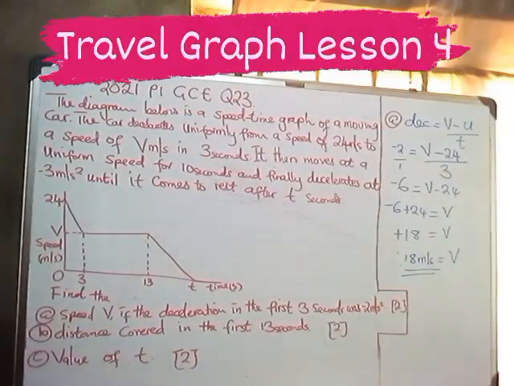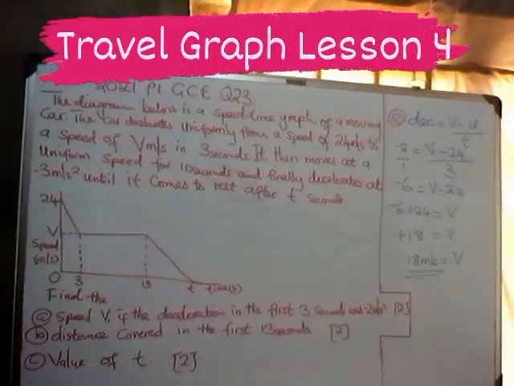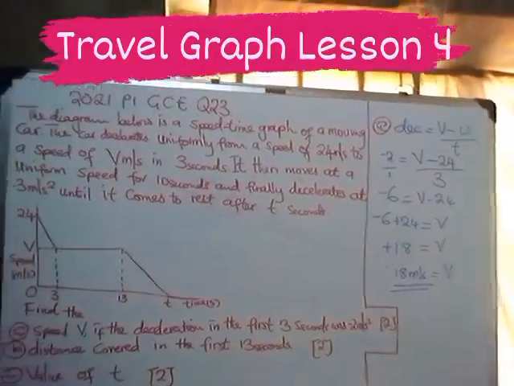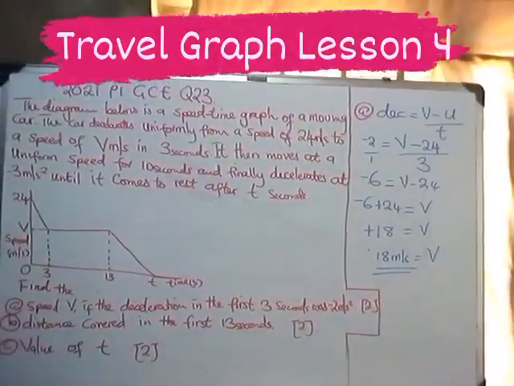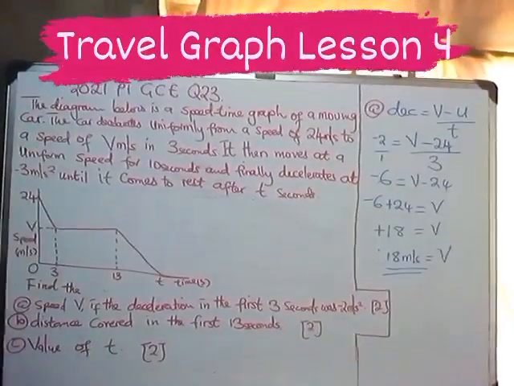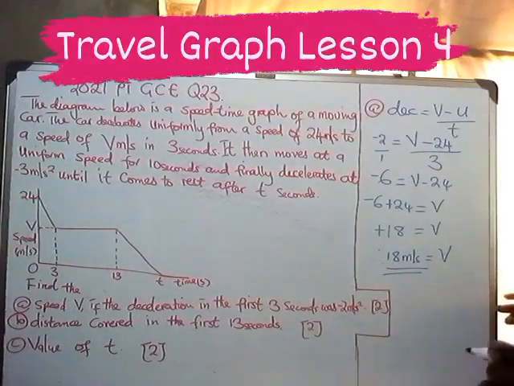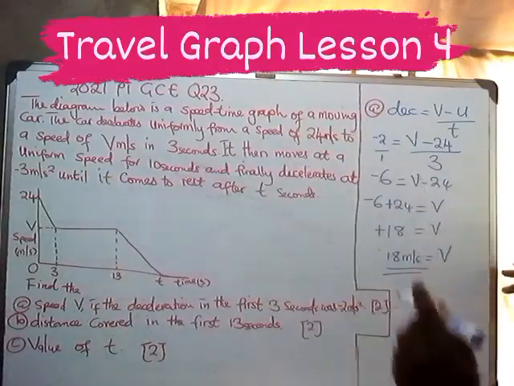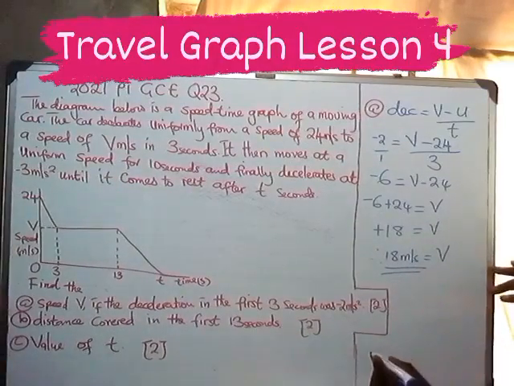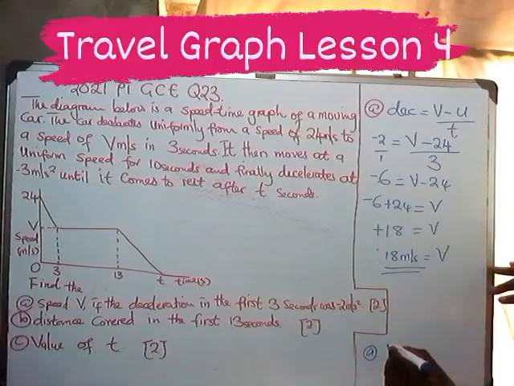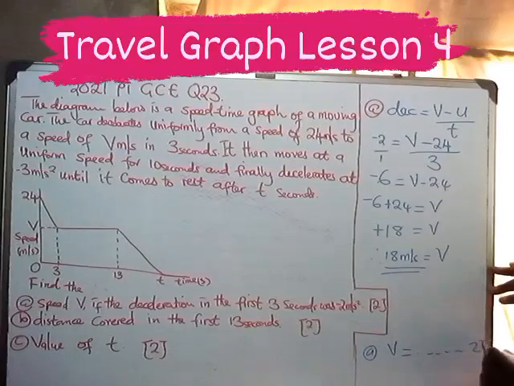Now we go to the next question. Mind you, just by answering this one, you get your 2 marks. In our final exam, after some questions in paper 1, you find that at the end it will be written question number 1, V is equal to, then they say 2 marks.